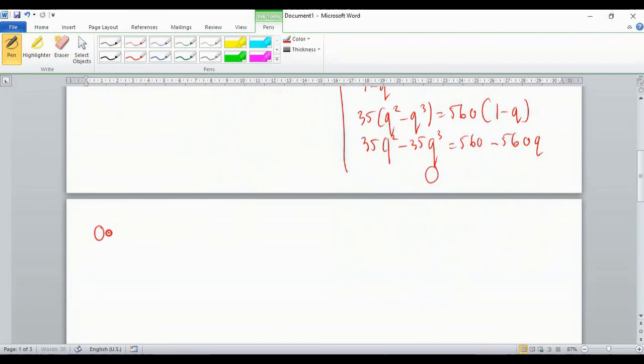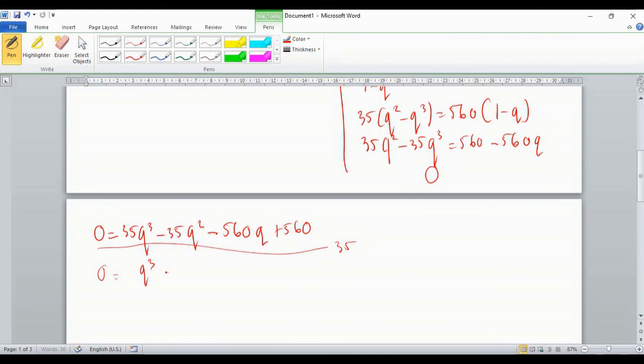The left side is equal to 35 k to the power 3 minus 35 k squared minus 560k plus 560. So from here, we divide both sides by 35. So the simpler form is k to the power 3 minus k squared minus 16k plus 16.